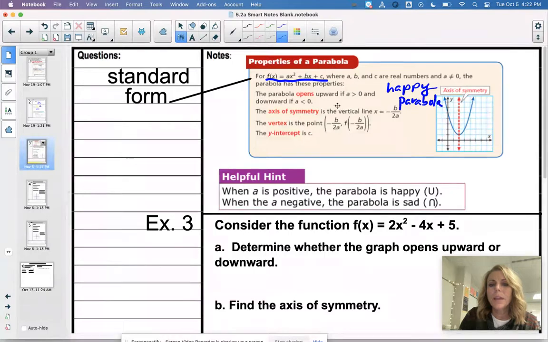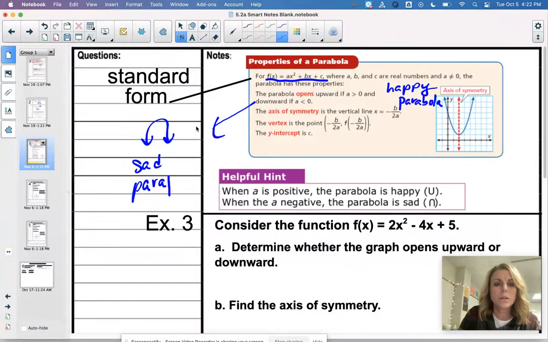And if a is less than 0, then that's an upside down parabola. And I call that a sad parabola.